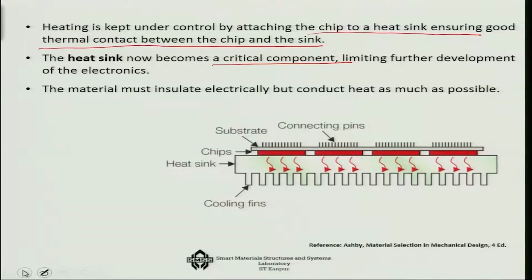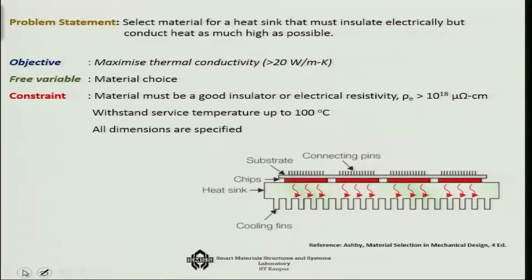Now, what is the contradiction here? It must insulate electrically but conduct heat as much as possible. That means from the chips it should only conduct the heat but not the electricity. That is what we will see is very important. So, select a material for a heat sink that must insulate electrically but conduct heat as much as possible.